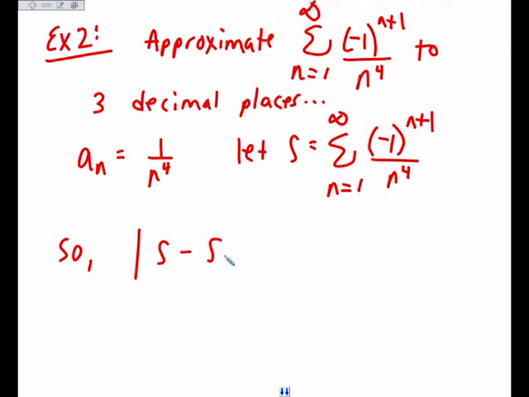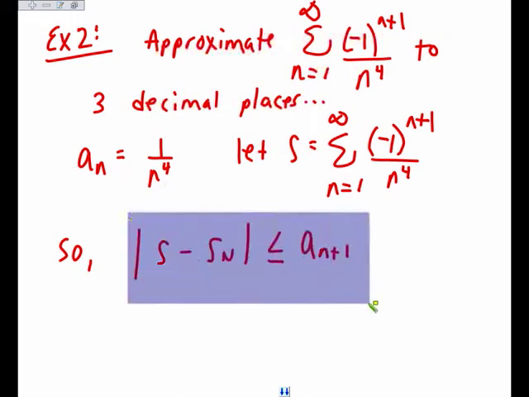You'll notice that I am not plugging in any specific numbers for n right now. I can't, because that's my unknown. My task is to approximate this series to 3 decimal places. And so I need to know how many values of n do I need for my partial sum.